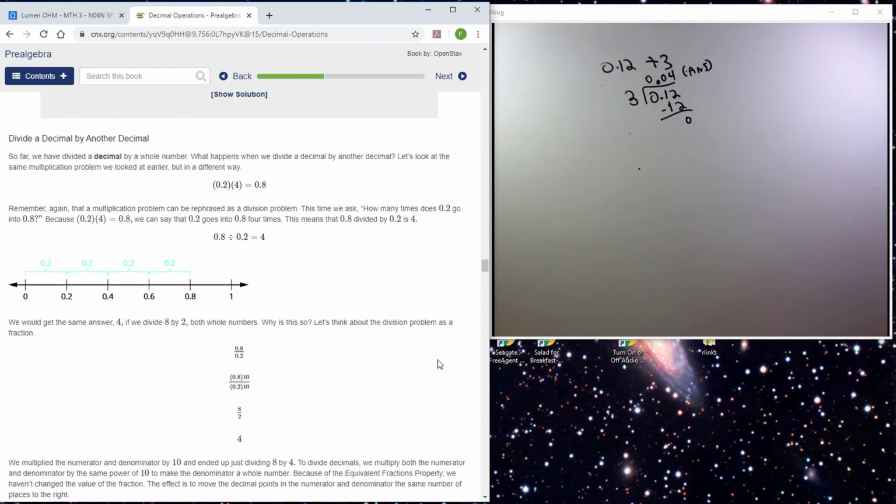And this next one, you're dividing a decimal by another decimal. So in this case here, we have 0.08 divided by 0.2. We have a fraction divided by a fraction.